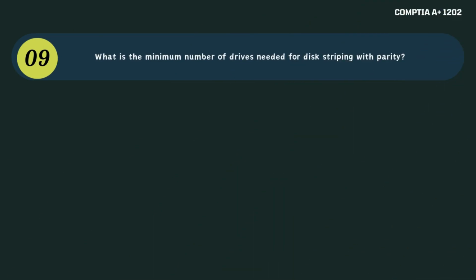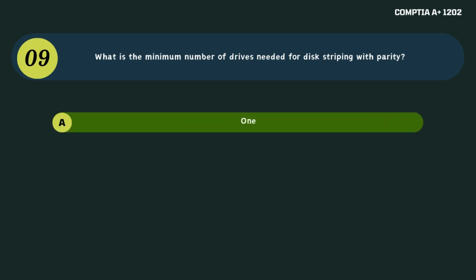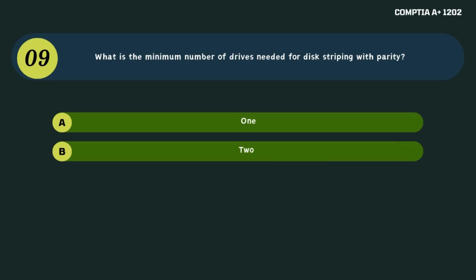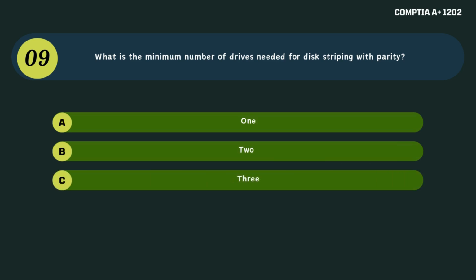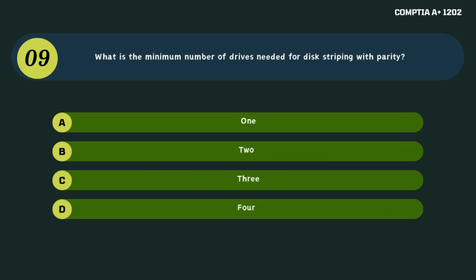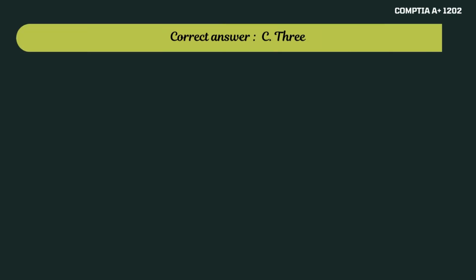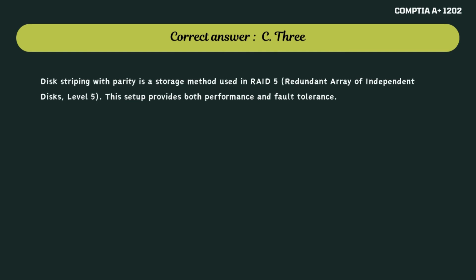Question 9. What is the minimum number of drives needed for disk striping with parity? A. 1. B. 2. C. 3. D. 4. Correct answer: C. 3. Disk striping with parity is a storage method used in RAID 5, Redundant Array of Independent Disks, Level 5.